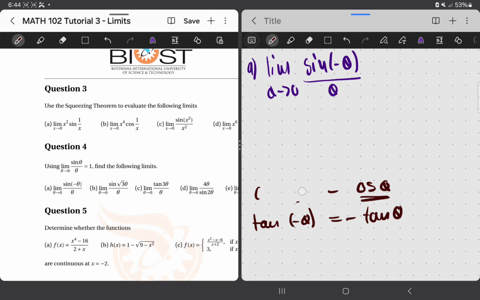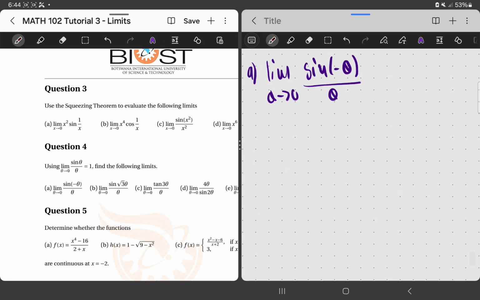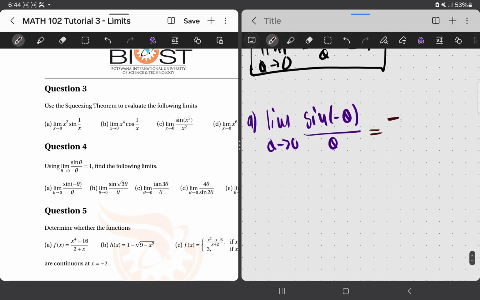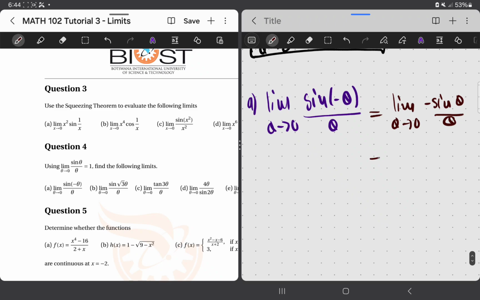So we can change this and say it is equal to the limit as theta goes to 0 of negative sine theta over theta. The negative can come out, so it is the negative of the limit as theta goes to 0 of sine theta over theta.